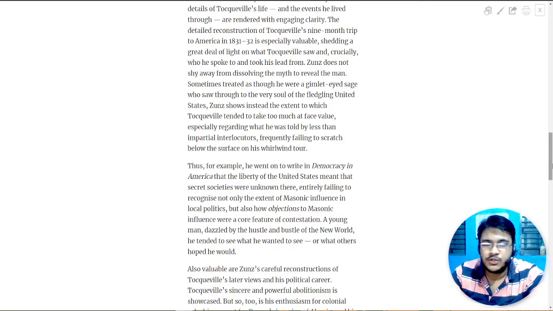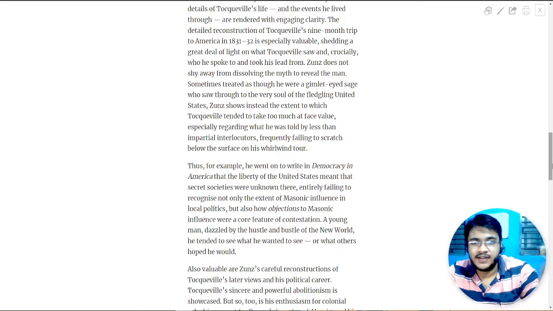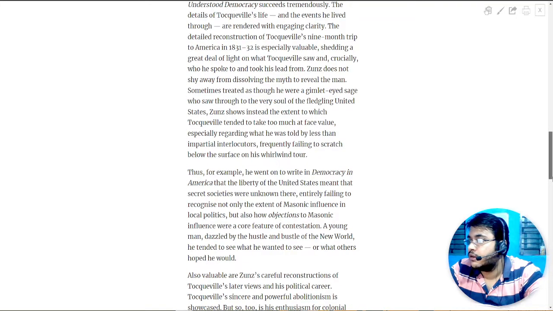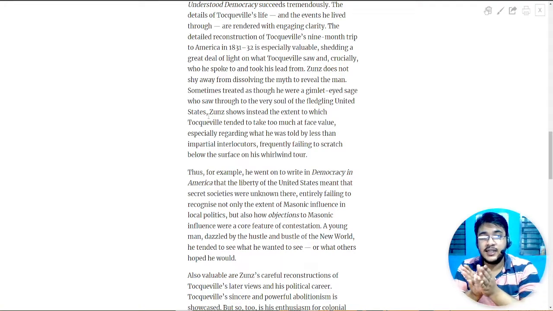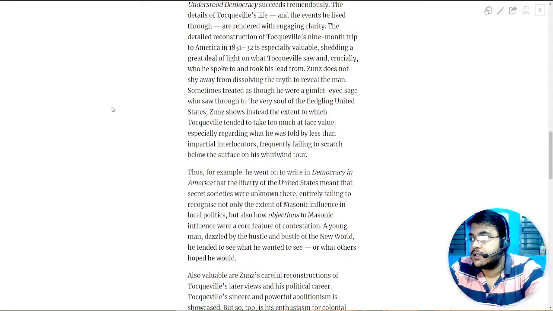So basically Muslims do it during Muharram or something. Something that is called self-flagellation. So that is probably, I think, the contextual meaning of that word, fledgling United States. Or maybe how the United States was taking its course, or branching out of US democracy or something of that sort.